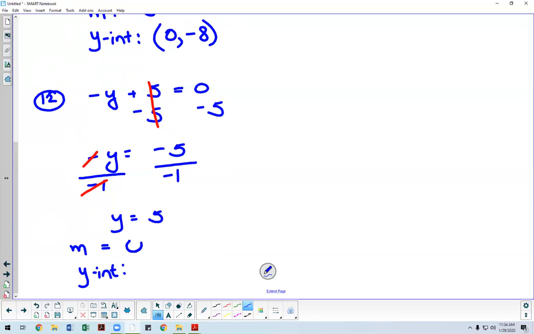Yeah, so you will actually have a slope. It's just going to be the number 0, because 0 times x becomes a 0, and that's why we don't have the x variable here. The only line that has no slope, which we call undefined slope, is a vertical line. Okay? And what's our y-intercept for this guy then? 5. Yeah, it's going to be the ordered pair 0, 5. Okay?